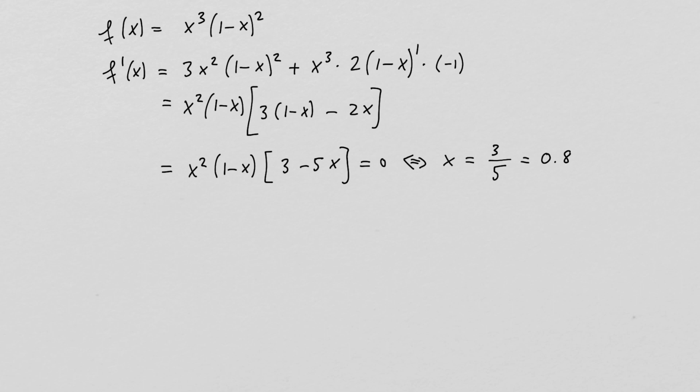The derivative of x cubed is 3 times x squared, and we keep the second term here untouched. And then we do the other way around. We take this term here and differentiate that, and the power 2 will drop to the front, and the power will be decreasing by 1.